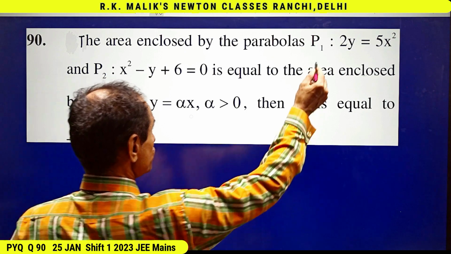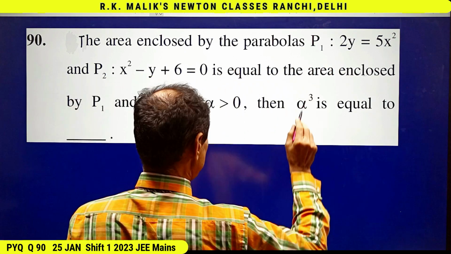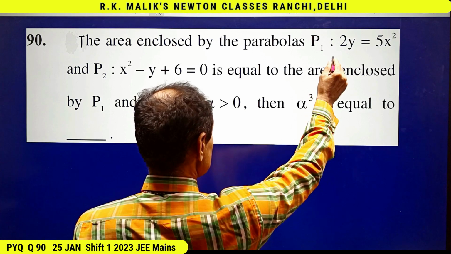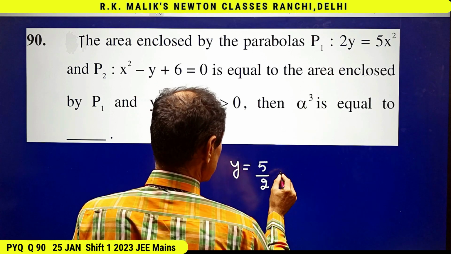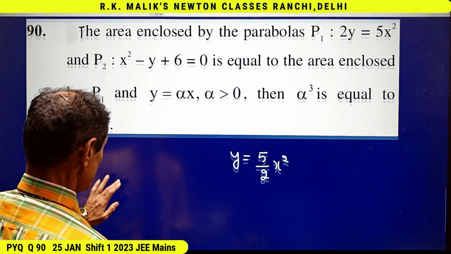First, I draw the graph of this and this on different coordinate planes. This is y equal to 5/2 x square.